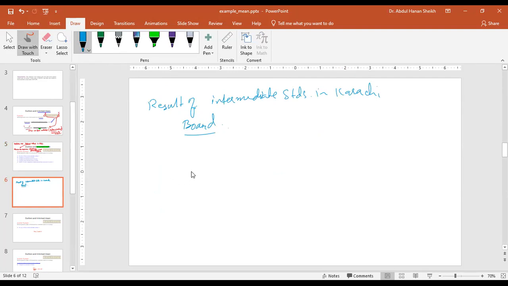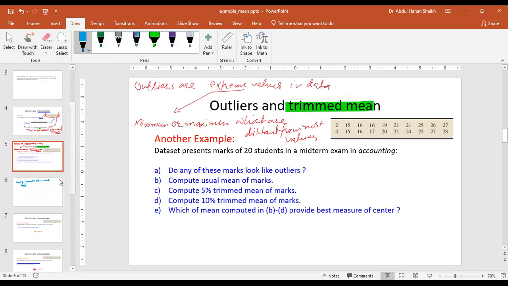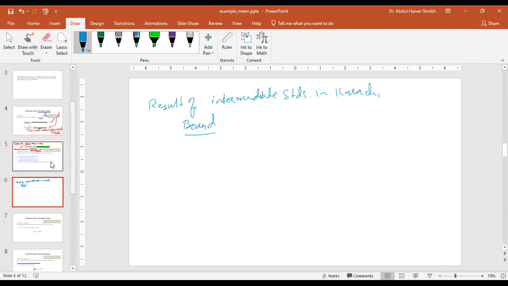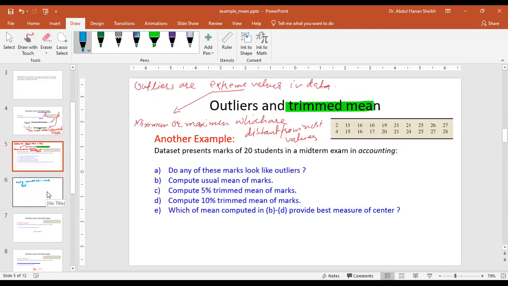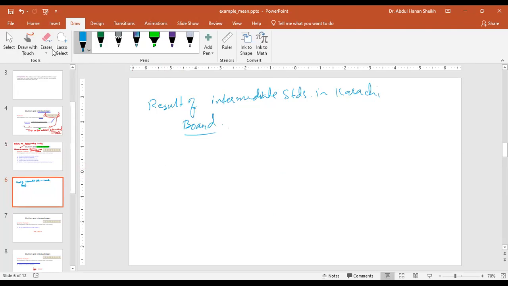What was the example? Okay. Number of students and percentage, okay, but greater than percentage.